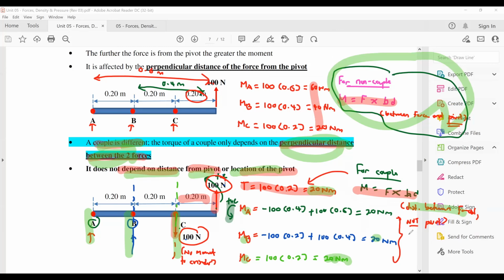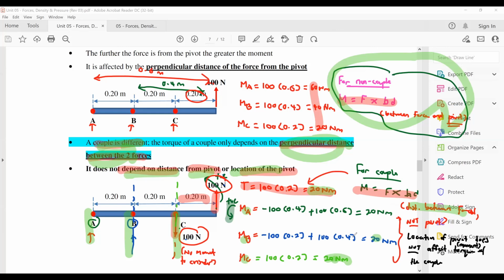For this, location or pivot does not affect torque of the couple, torque or moment of the couple.